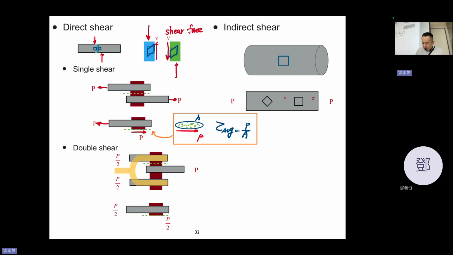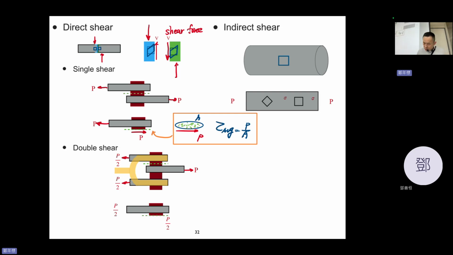Anyway, double shear is that you have a material like this, with P over 2 on the right-hand side and the other P over 2 on the left-hand side. Maybe you think this gray thing is not similar to the previous one. No, no. If you draw a Y shape here, it is very similar to the previous one. So the previous case is actually a double shear case.